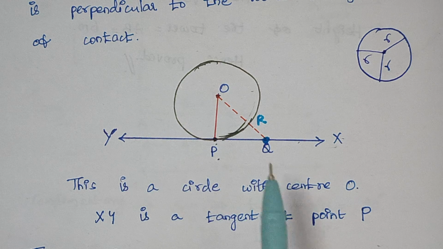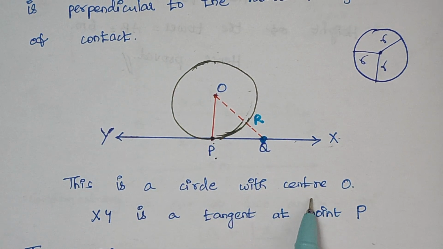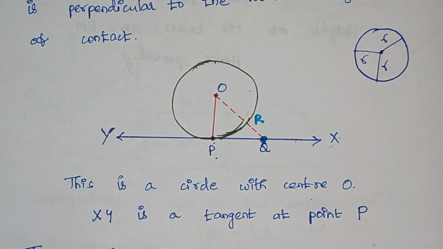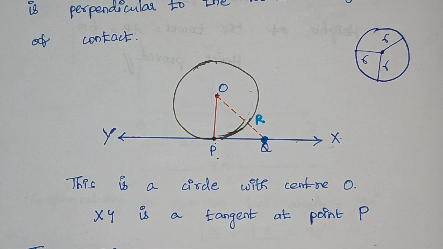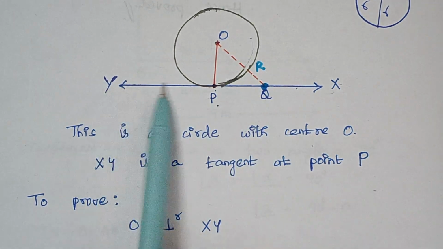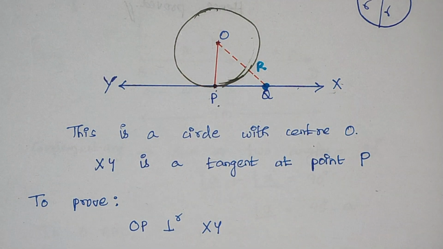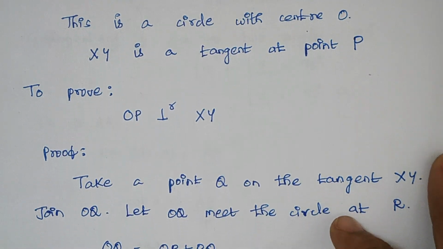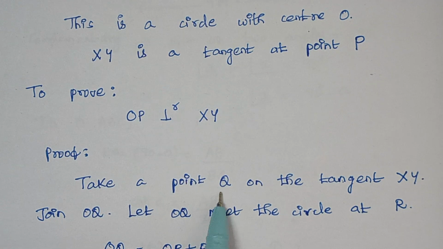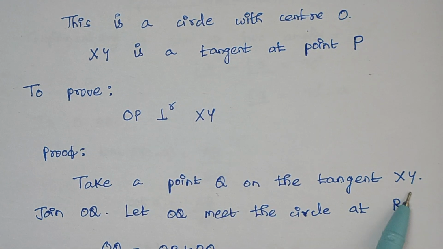So you see, this is the circle with center O, and xy is the tangent and P is the point of contact, right? So we have to prove that OP is perpendicular to xy. So now we are going to prove that. Here we are taking a point Q on the tangent xy.